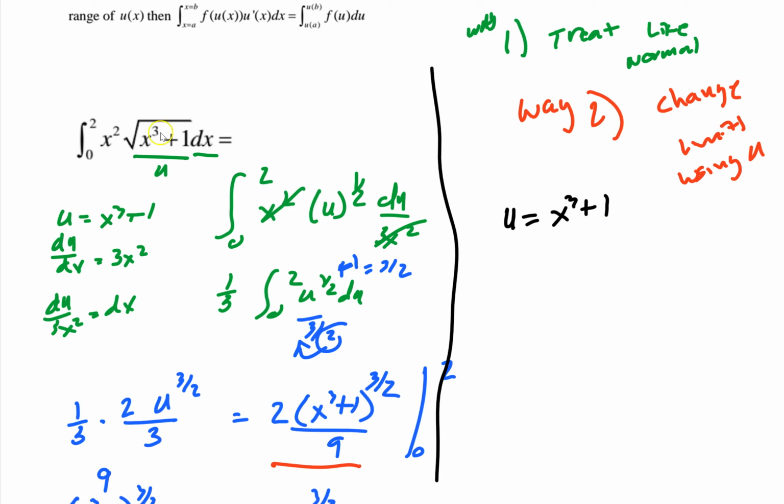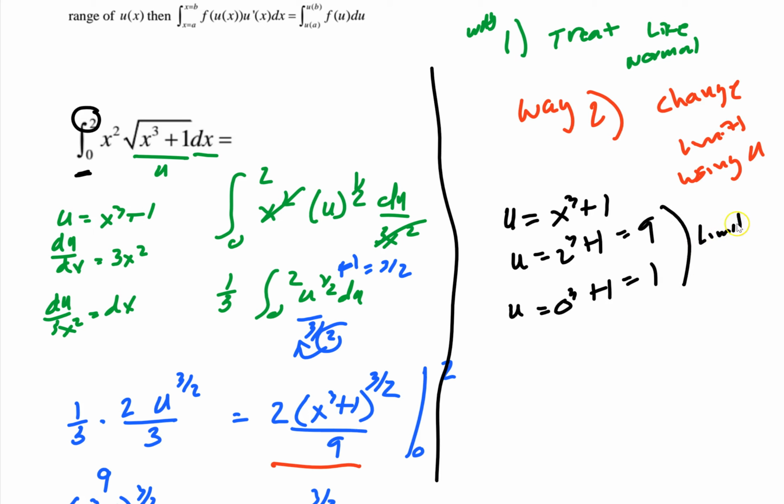So what's going to change is this. It's like, oh, we have 2 there, so let's plug that in. So I get a 9, and we have a 0 there. Plug that in. So I get a 1. These are the new limits.